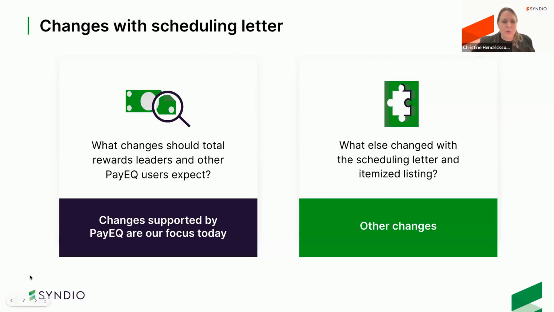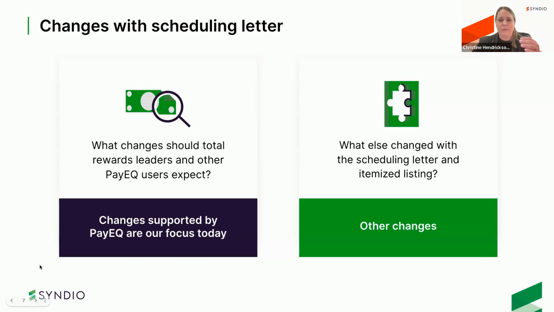As we can see on this slide, with the new scheduling letter the OFCCP is really making two buckets of changes. They're expanding quite significantly the number and type of materials you're going to have to provide right up front.